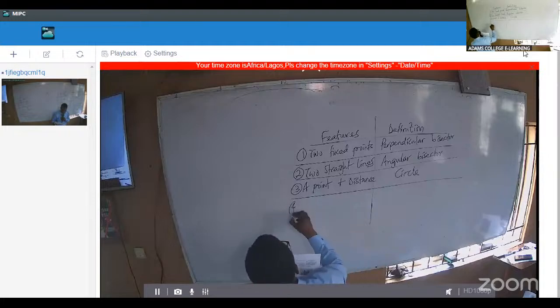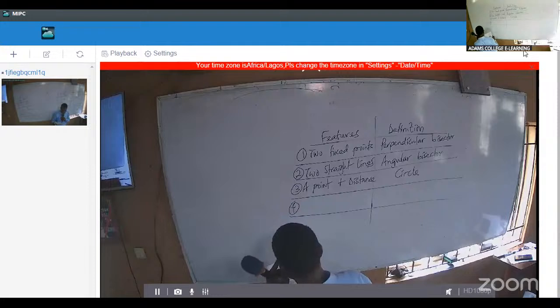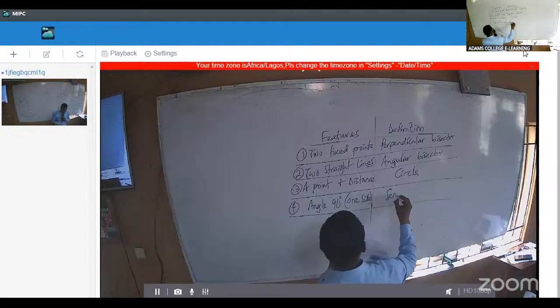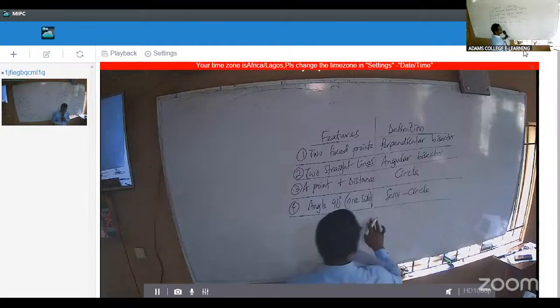Number 4, when you have angle 90 on one side only, that's a semicircle. Those 4 are enough. These are the major ones.